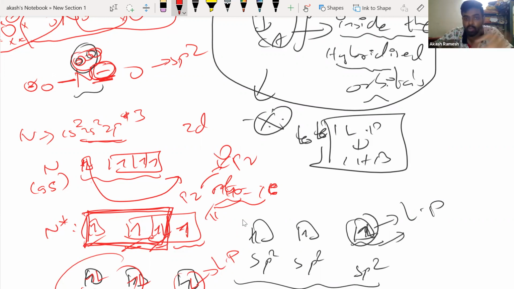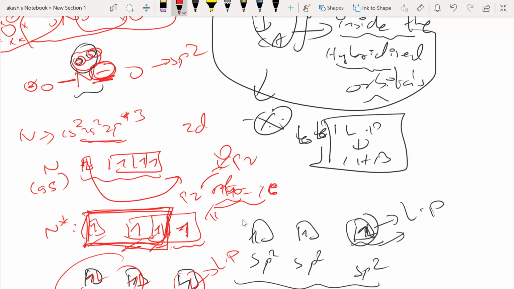The overlap is between the hybridized orbital of the central atom with the atomic orbital of the bonding atom. That is sigma bond. For pi bond, we're taking the orbital outside hybridization. Outside hybridization is always going to be a pure atomic orbital. So pi bond is always between a pure atomic orbital of the central atom with a pure atomic orbital of the bonding atom.